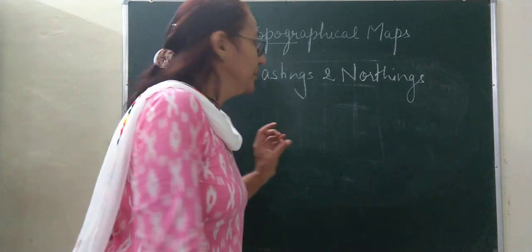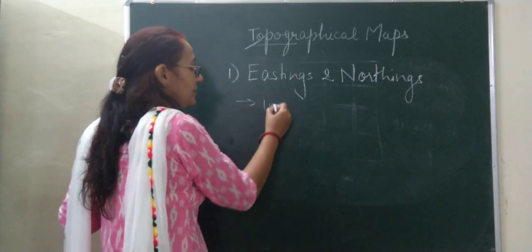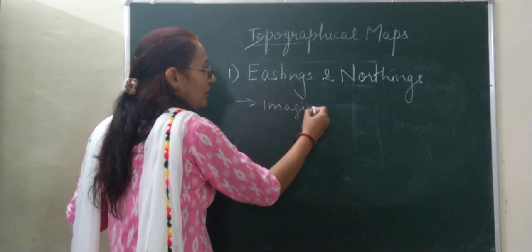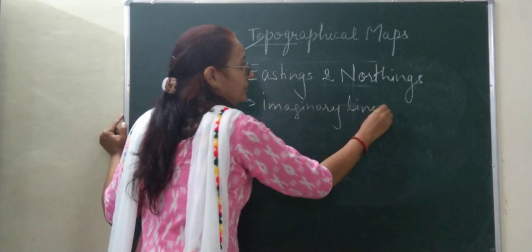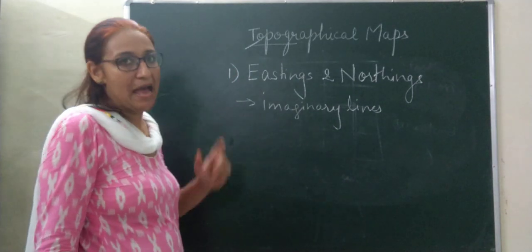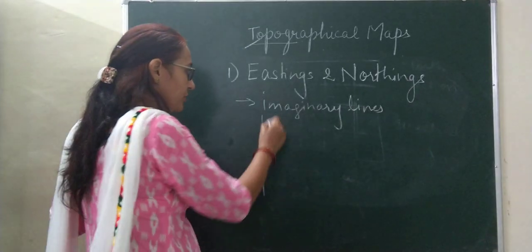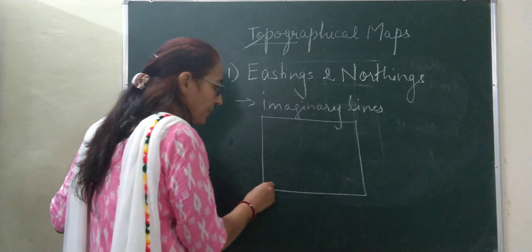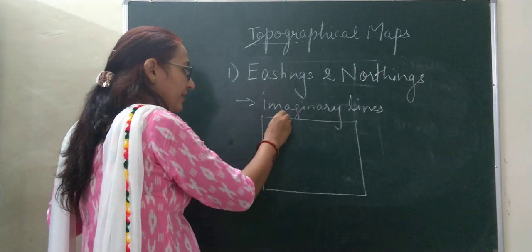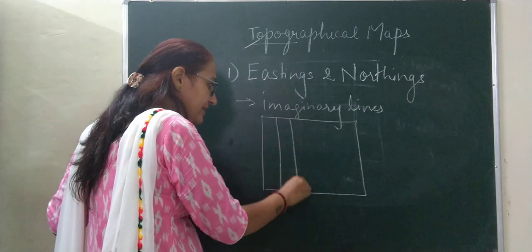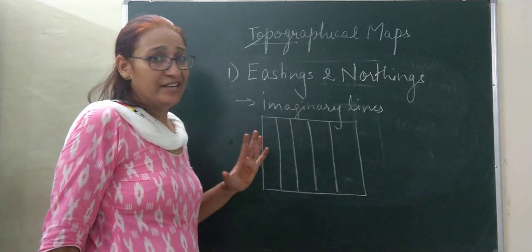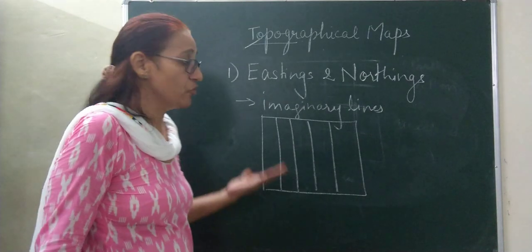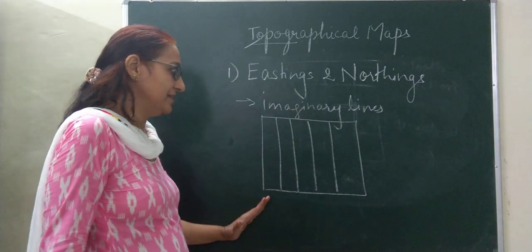Again, first of all, these are imaginary lines that we draw on a map. Now suppose this is a topographical map and the lines, standing lines, or you can say these longitude lines, but here we can't say longitudes, so here we say these standing lines.